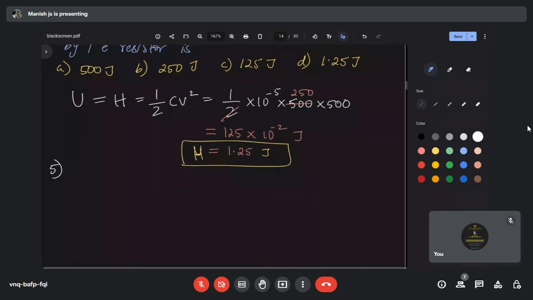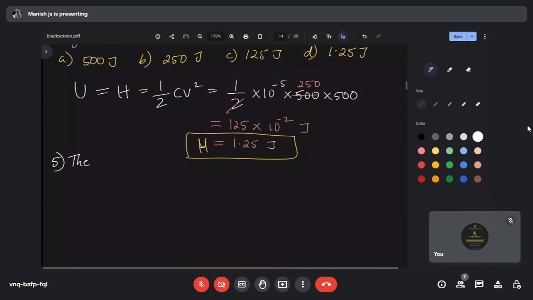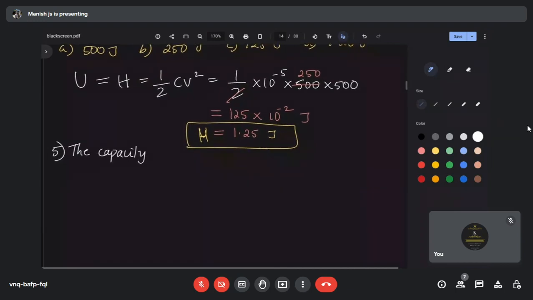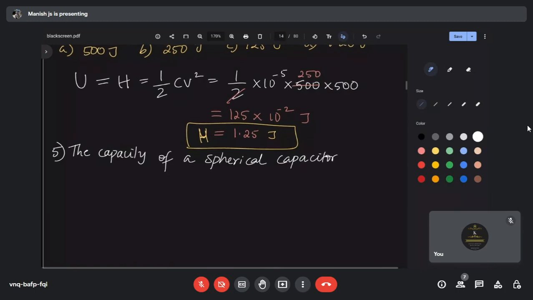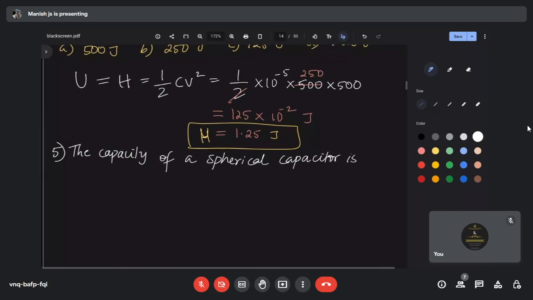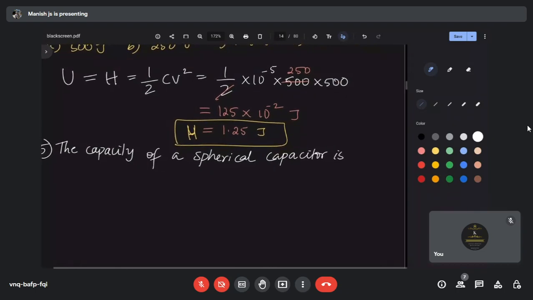Okay, the capacity of a spherical capacitor is 1 microfarad.